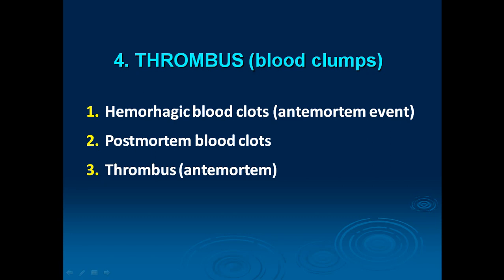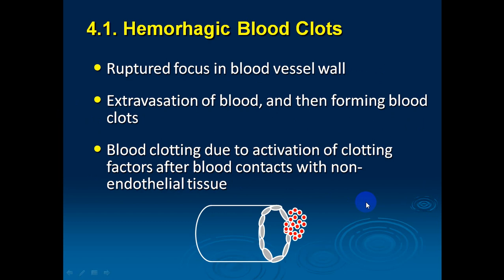This is actually a postmortem change, not a lesion, not a pathology. And then this is the thrombus. We will explain this later in the next slide. Hemorrhagic blood clots occur due to rupture in the blood vessel wall.